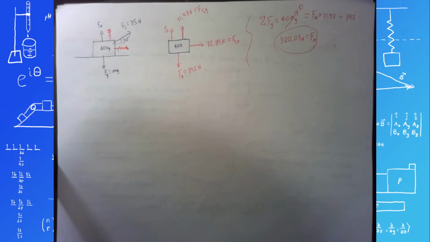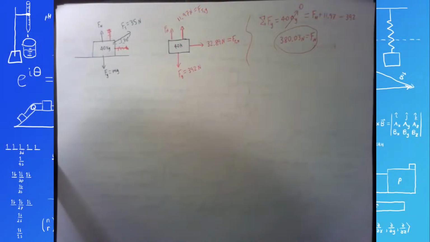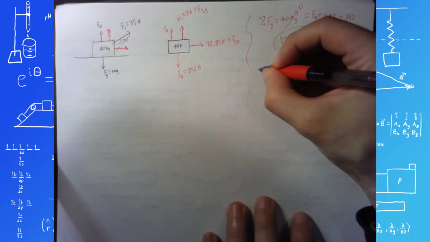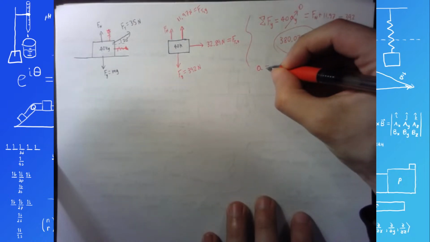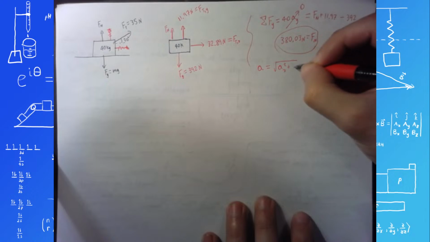And then part B was asking, what is the acceleration of the box? Okay, well, we know there's no acceleration vertically, so all the acceleration must be horizontal. Acceleration of the box is equal to the square root of its horizontal acceleration squared plus its vertical acceleration squared.